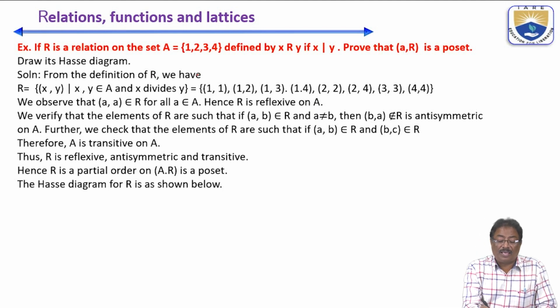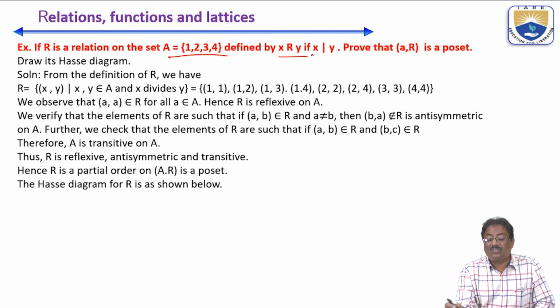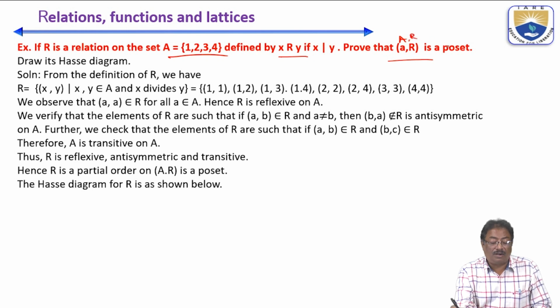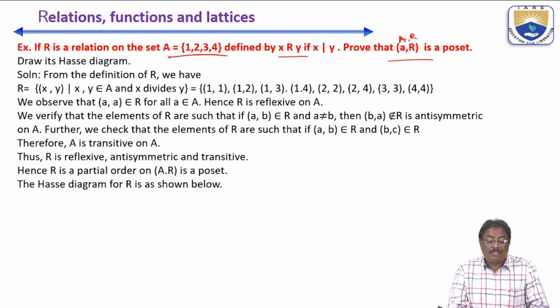Let us go for one example. A is {1, 2, 3, 4} and the relation is the divisibility relation, and we are going to verify whether (A, R) is a partially ordered relation, and then represent it, and verify whether it is a poset or not.